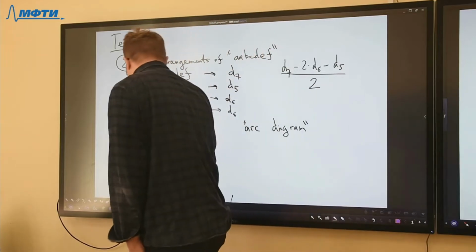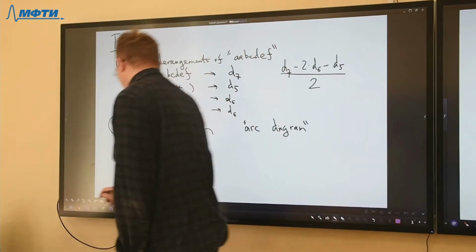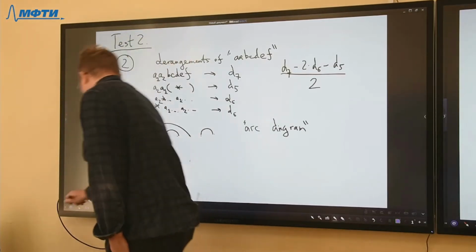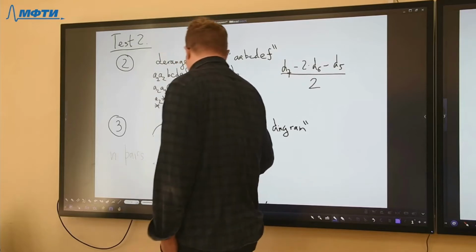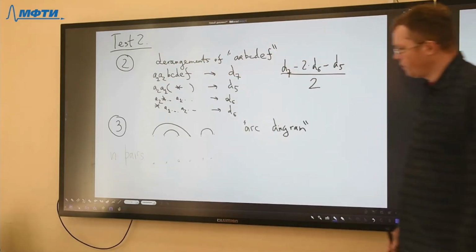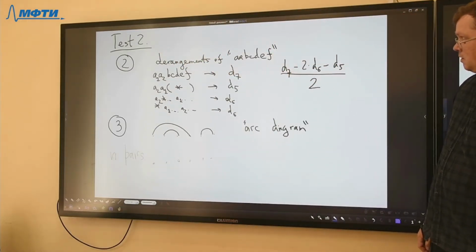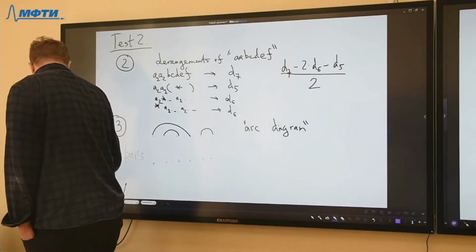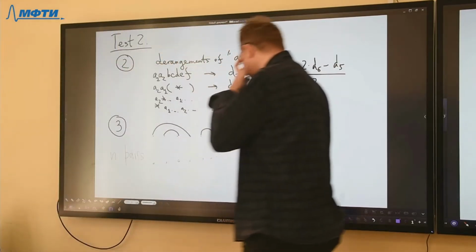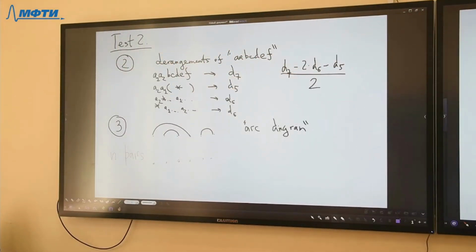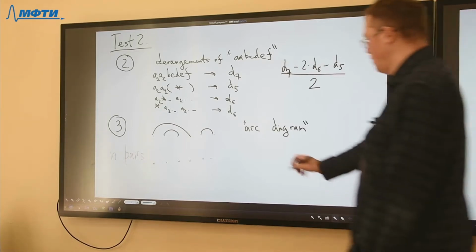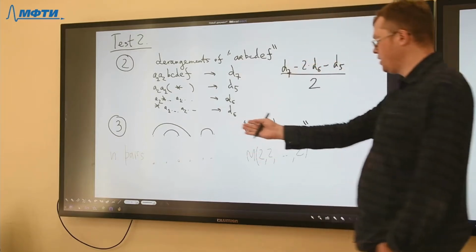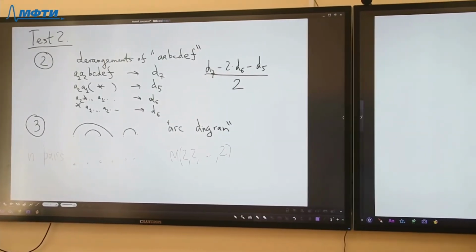So for example, I can look at all colorings where there are 2 orange, 2 green, and 2 blue elements. This is just the multinomial coefficient of 2, 2, etc., 2, because I just have this n times.